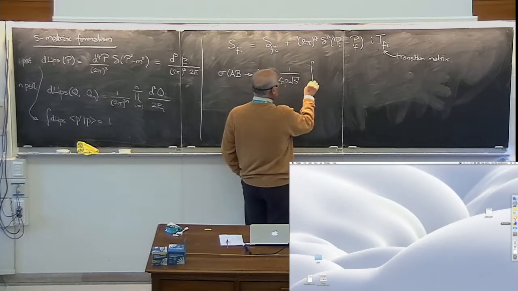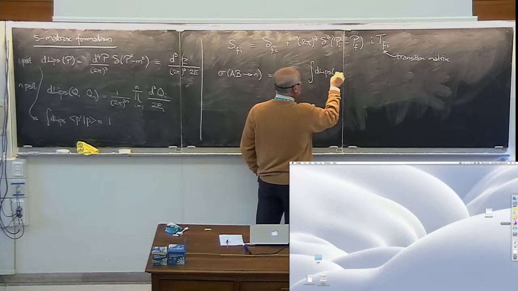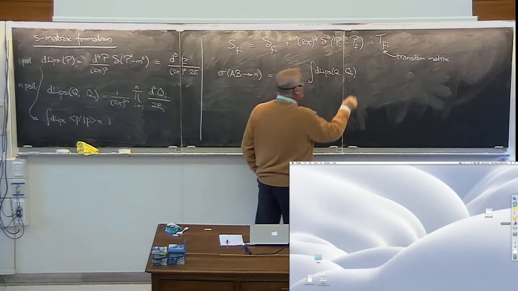And then we have the integral d Lorentz invariant phase space for the particles Q1, all the final state particles up to Qn.